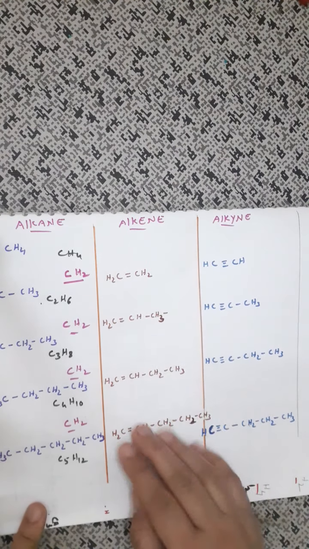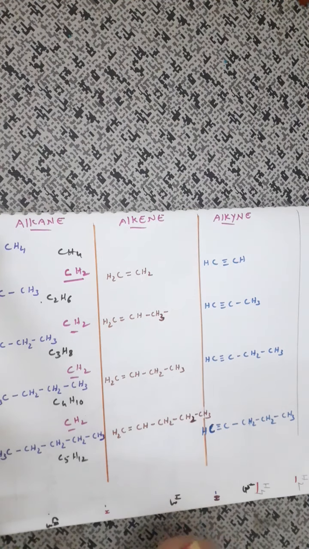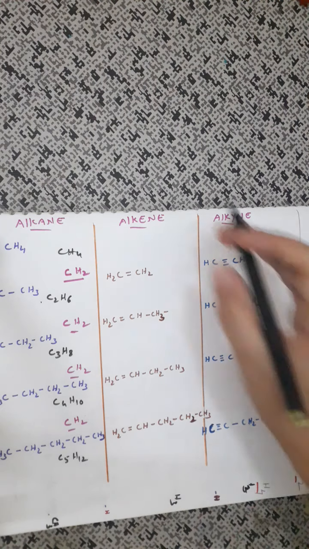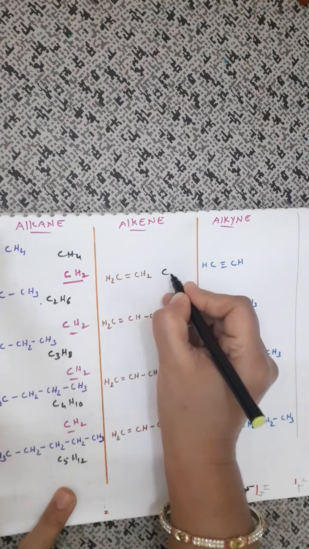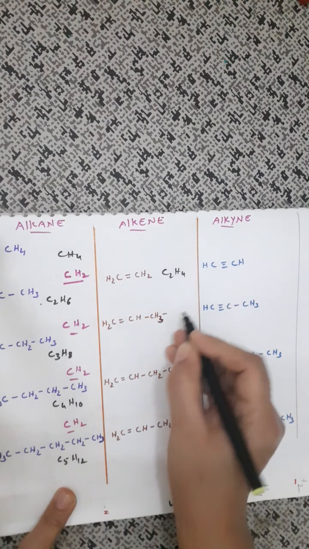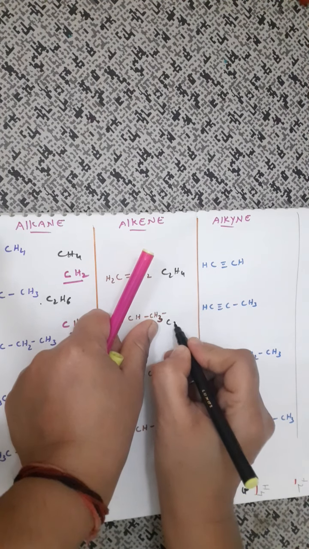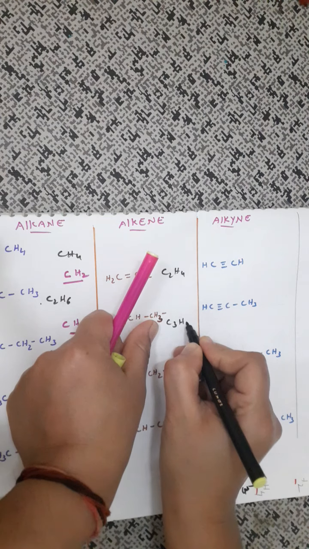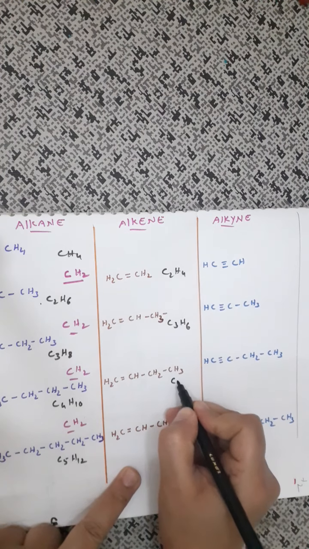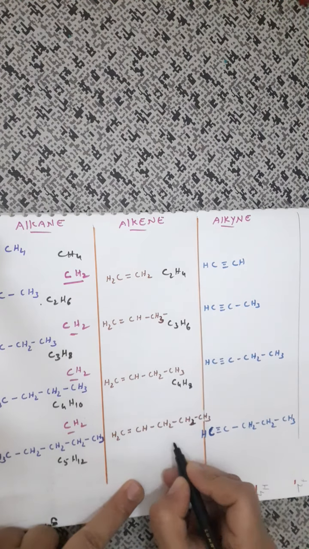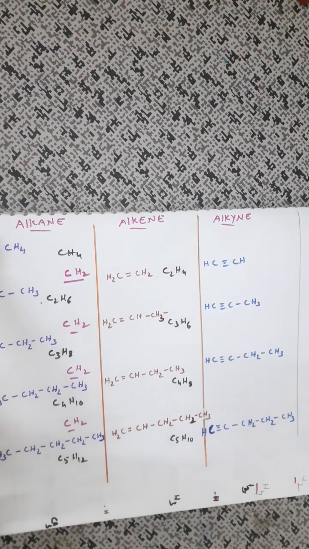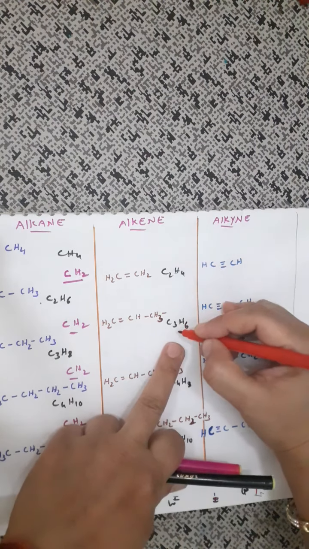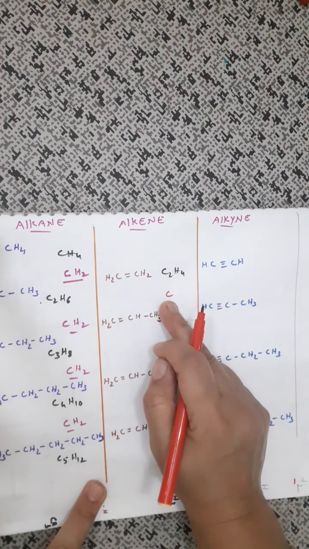Now let us see in case of alkene. Do we observe the same kind of factor? Okay, let us see. What is the first hydrocarbon here? Ethene, that is C2H4. Next is C3H6. Then C4H8. Then C5H10. Now let us see whether we observe the same difference. 3 minus 2, 1 carbon.